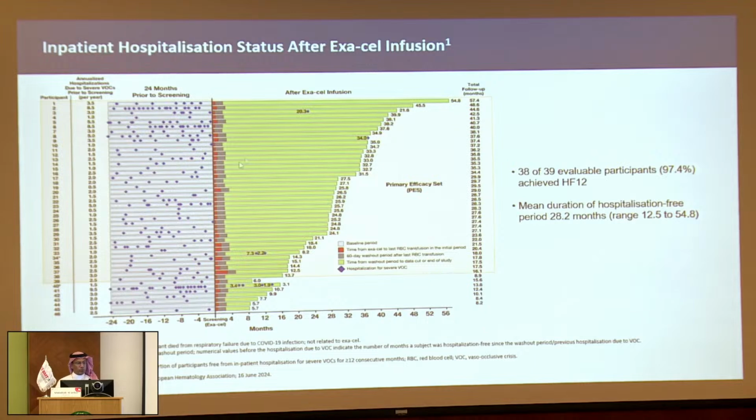This is the days that were free of inpatient hospitalization, and again, as you can see, this patient who had the bone marrow biopsy, and this patient who had parvovirus infection.